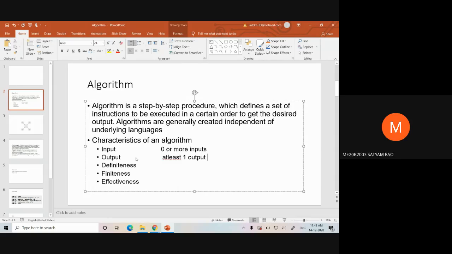Correct. Because if an algorithm does not display anything or does not provide any output, then we do not know whether this algorithm is successfully implemented, successfully executed, or successfully terminated or not. How will we know? So some output it should display.